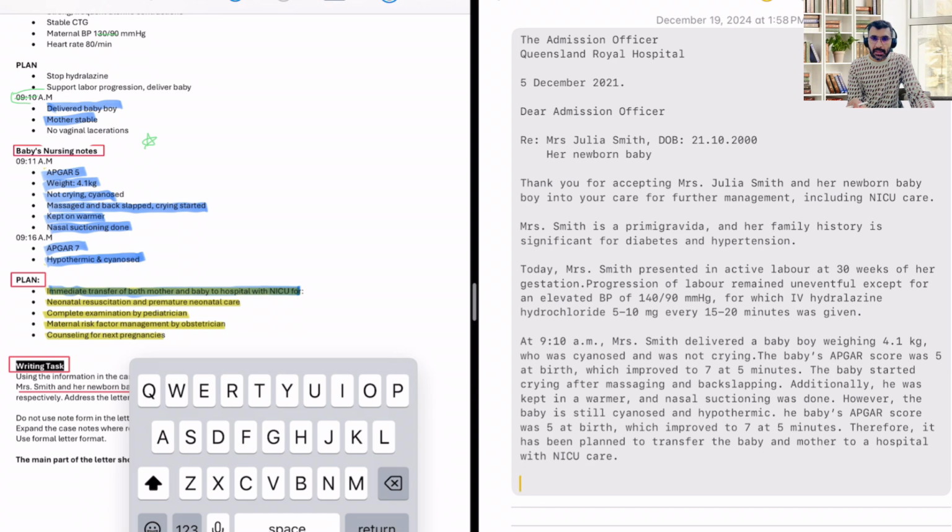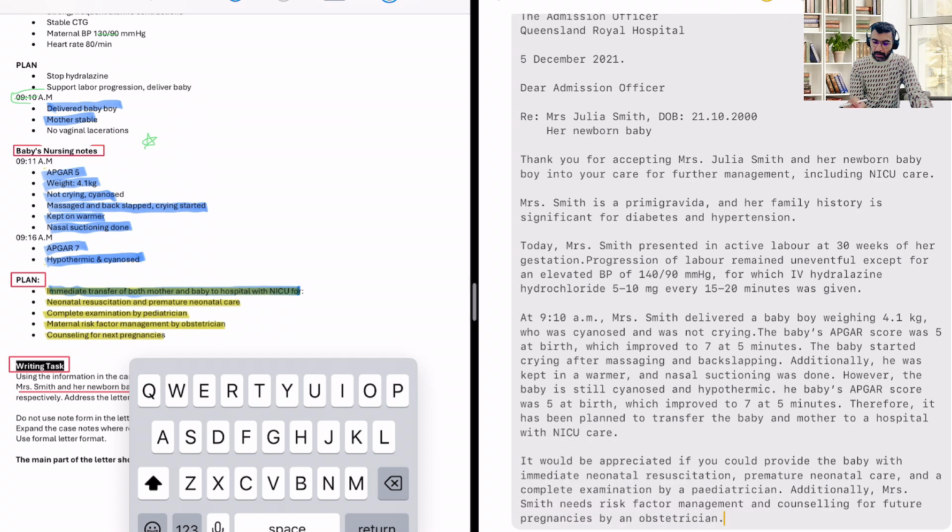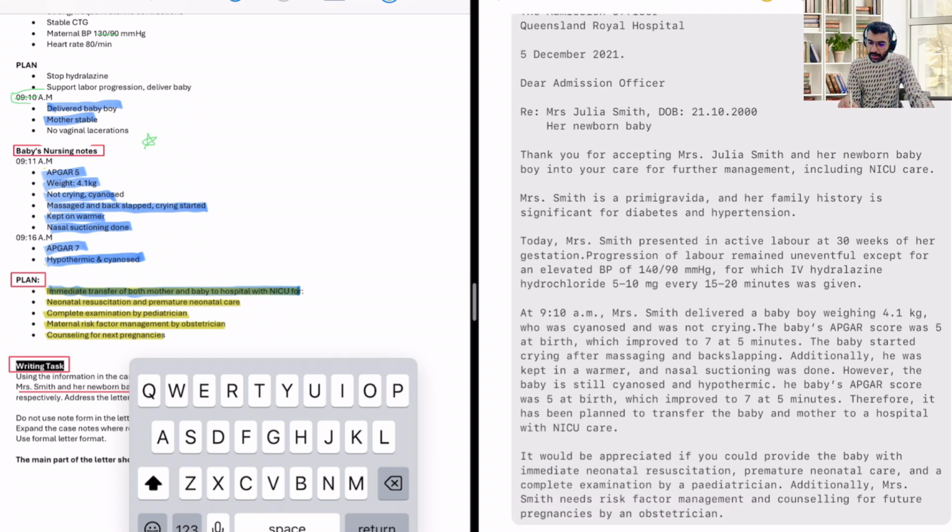Additionally, Mrs. Smith needs risk factor management and counseling for future pregnancies by an obstetrician.